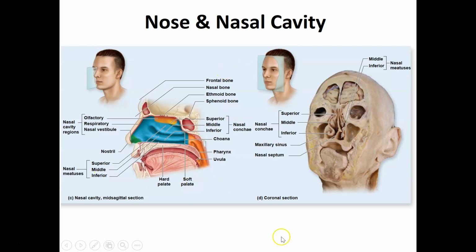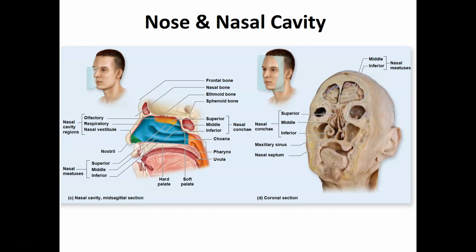On the left is a mid-sagittal section looking at the lateral wall of the nasal cavity. There are some features I want to point out that have to do with the function of the nasal cavity. The main function of the nasal cavity in the respiratory system is to warm and filter incoming air, and also to moisturize that air as it comes in.